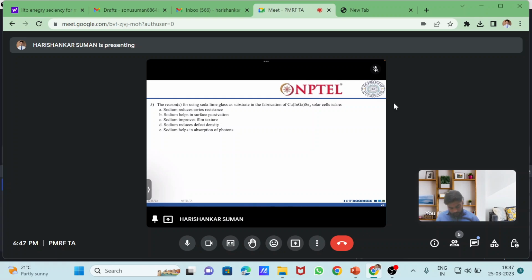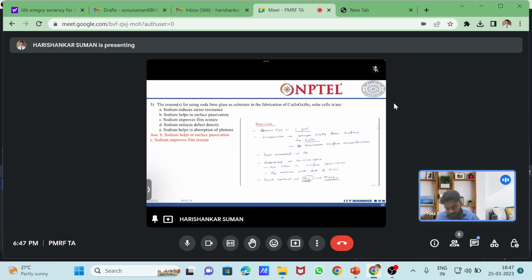Improve the film texture, reduce the surface passivation. So the answer is sodium helps to passivate the surface defects and improve the film texture.